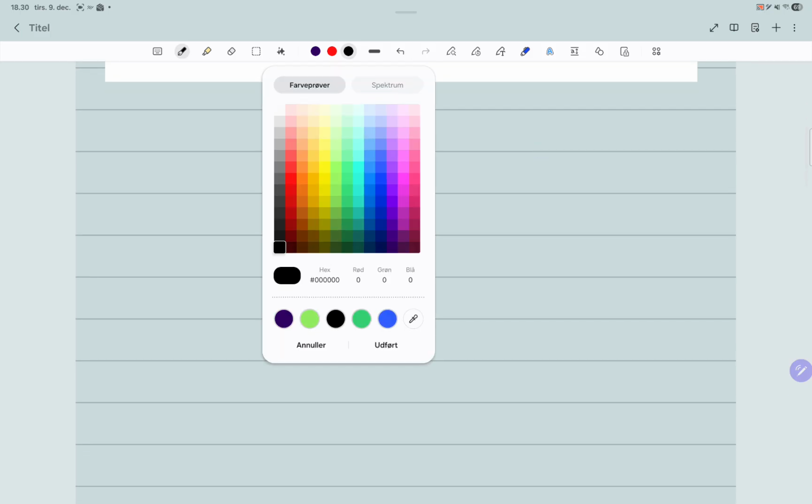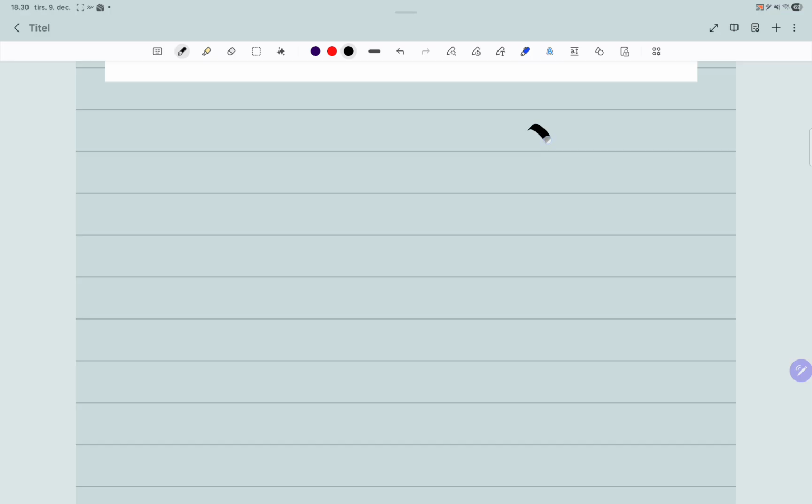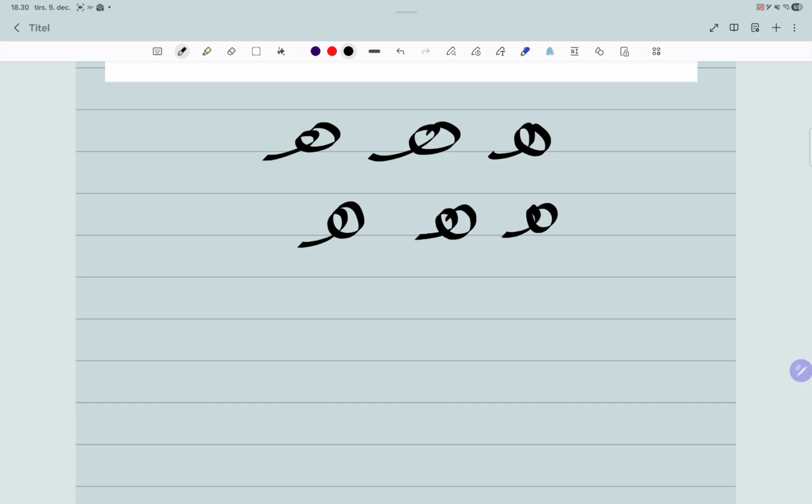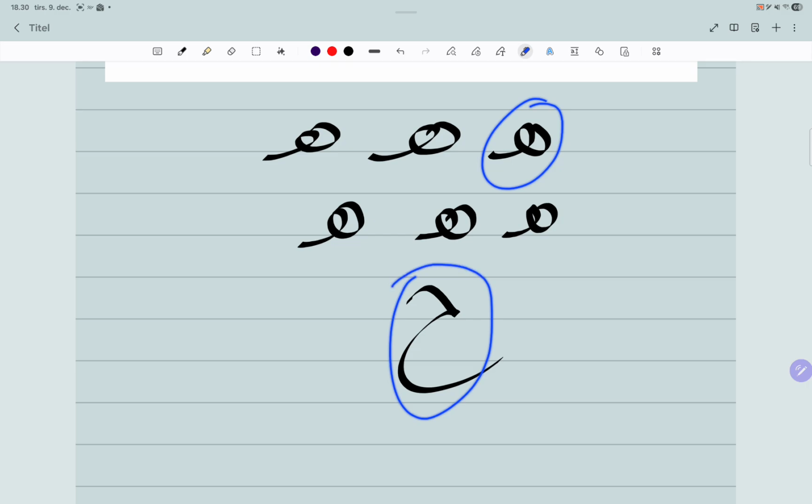And then we have haa and ha. Notice the difference between them. Ha, you can imagine, is the sound of air coming through your throat without any pressure.